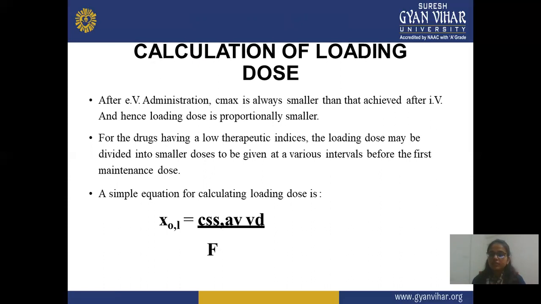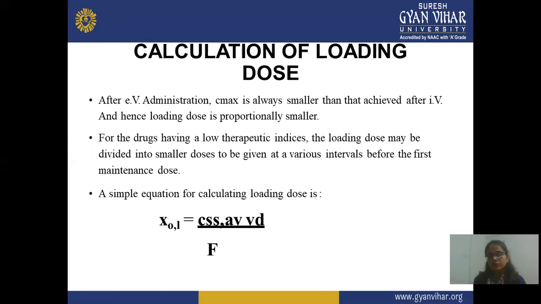Hence, this loading dose is always smaller than the loading dose when we take a drug by the IV route. For a drug having a low therapeutic index, the loading dose may be divided into small doses given at various intervals before the first maintenance dose. Suppose you require a low therapeutic response.